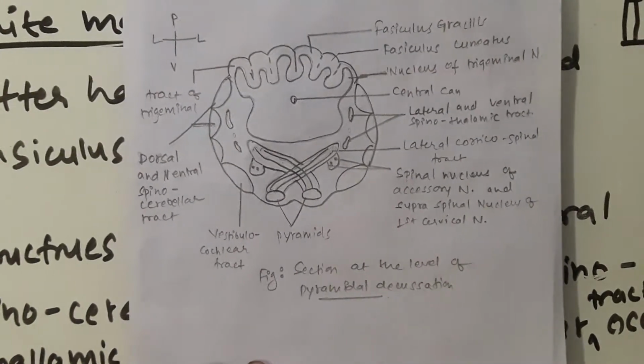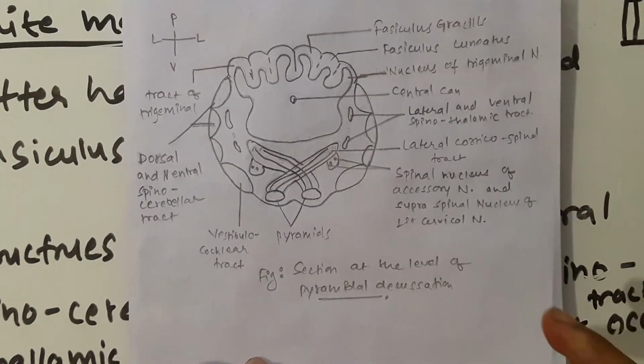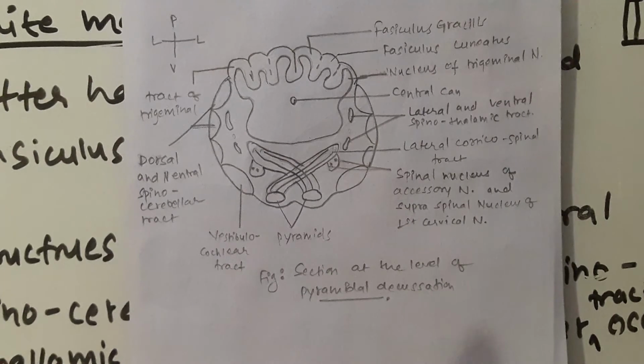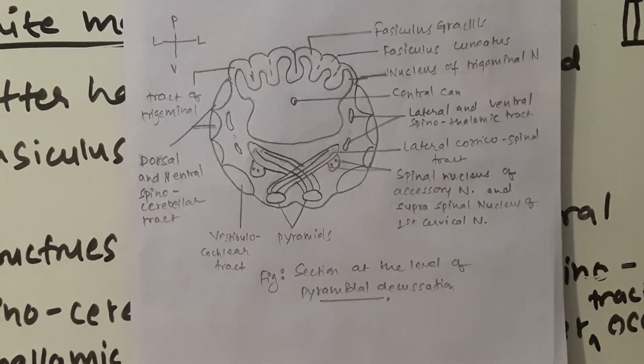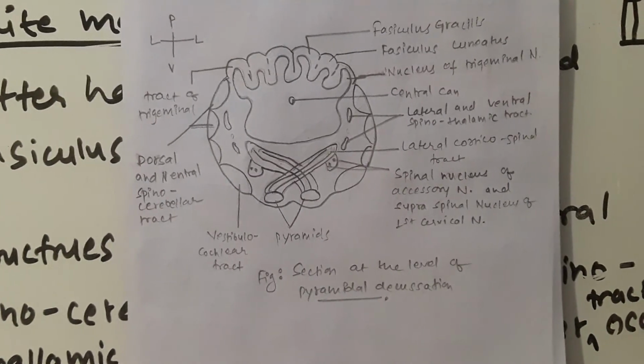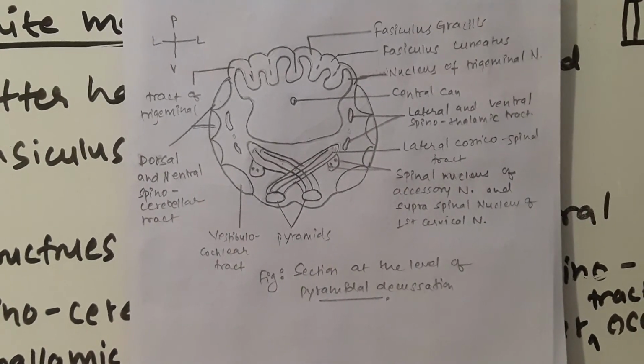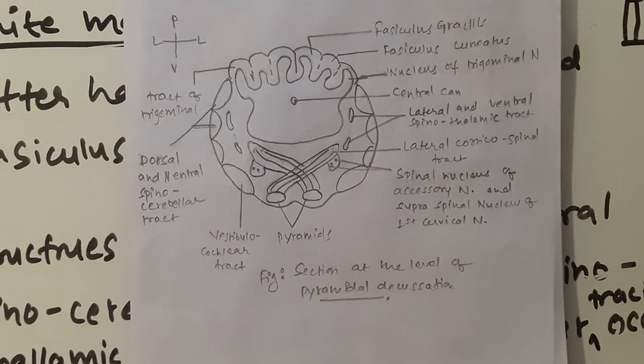Here we complete the points at the level of pyramidal decussation, individually discussing the gray matter and white matter, along with drawing the figure and locating the points so that it will be easy for us to visualize later. So this is all about the internal features at the level of pyramidal decussation.